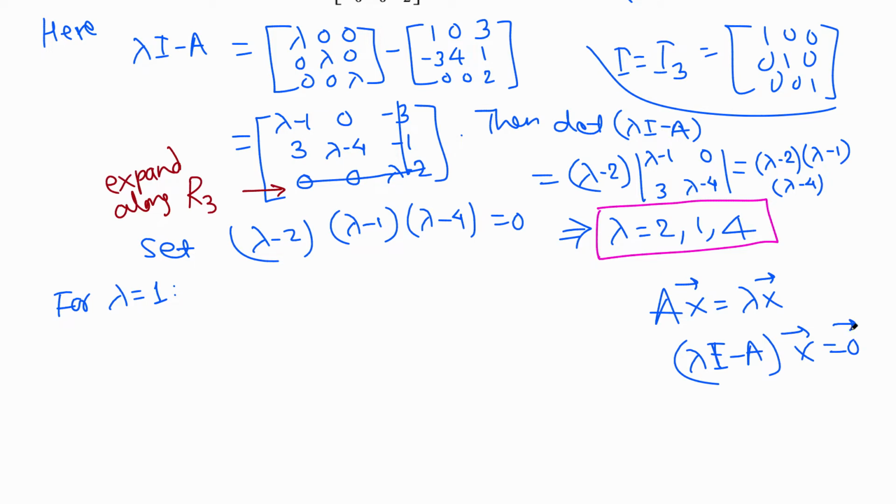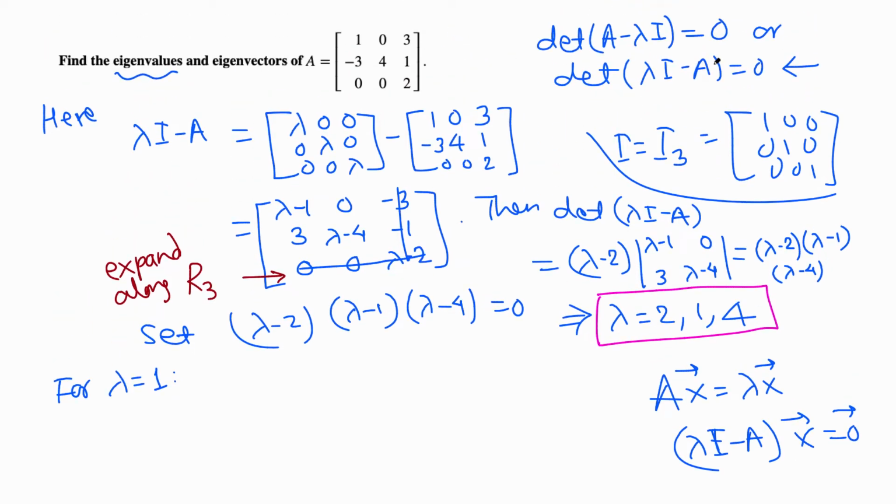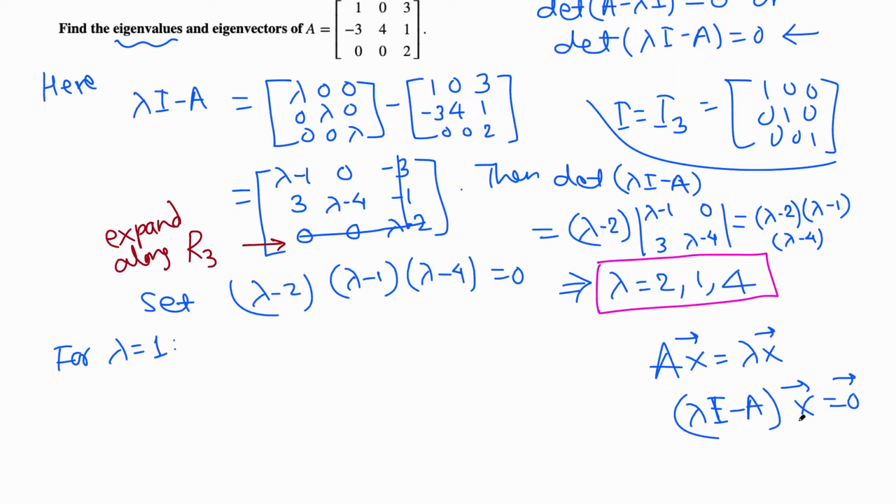So we're going to solve it this way. It's like lambda I minus A, but instead of the determinant, now we have the matrix, and we get this vector X, the eigenvector.